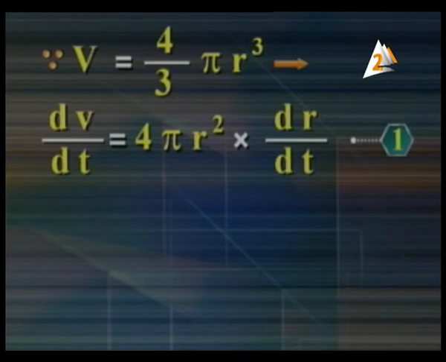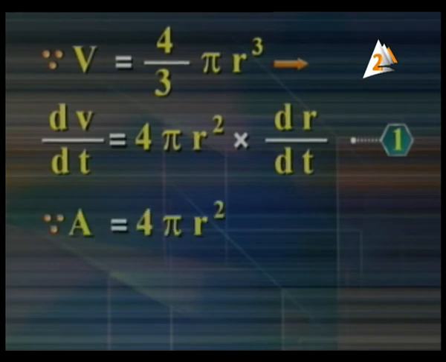We have volume equals 4/3 πr³. What is the differentiation with respect to time? dV/dt = 4/3 times 3 = 4πr² times dr/dt.